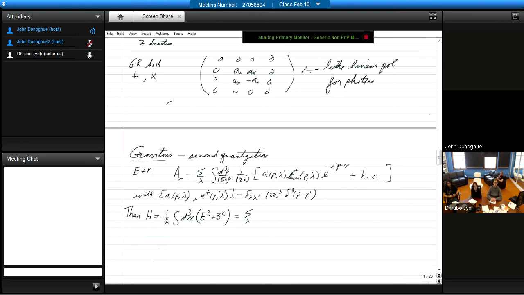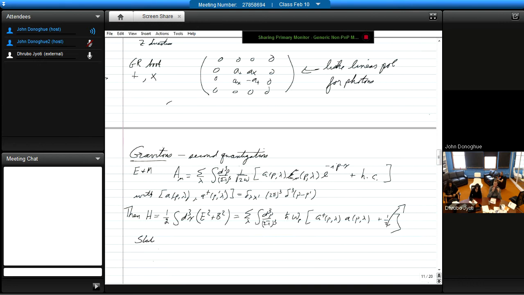This turns into sum over lambda integral d3p over 2 pi cubed, h bar omega of p, a dagger of p, a of p, plus 1/2, which you throw away. We drop that guy, and we get our states.